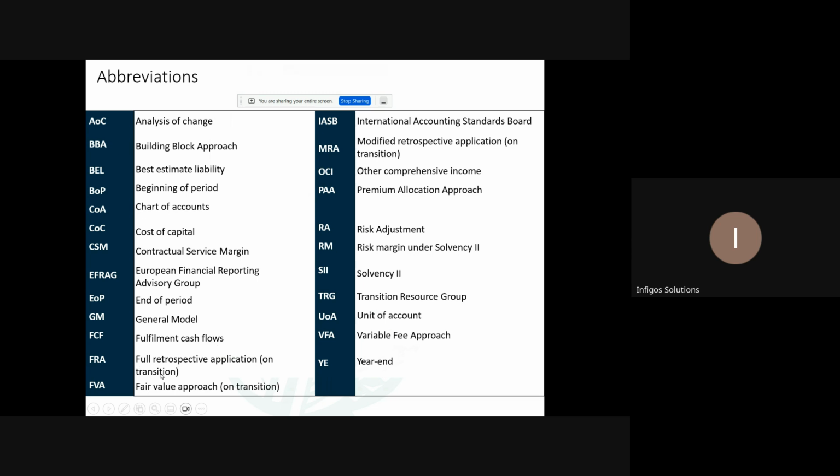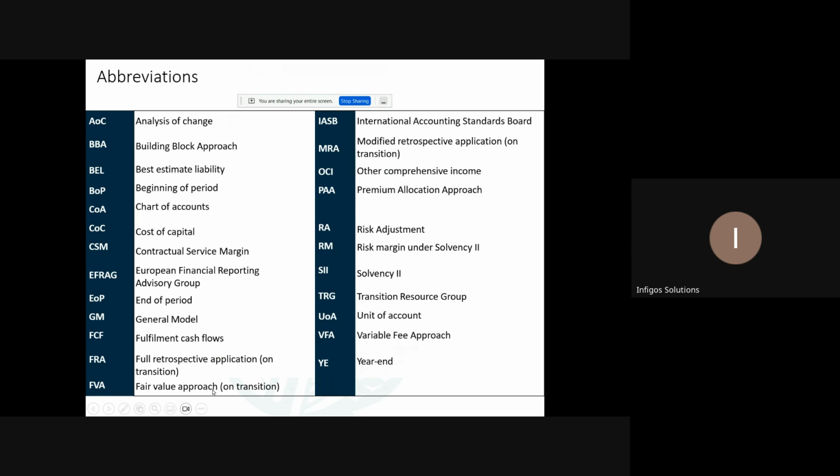Then there are three approaches to do the migration from IFRS 4 to IFRS 17. Fully retrospective approach, where basically you do as if IFRS 17 had always been implemented. The second approach is the fair value approach.